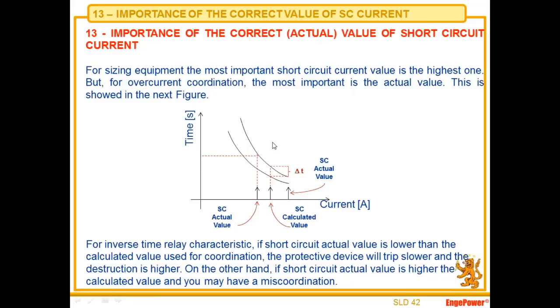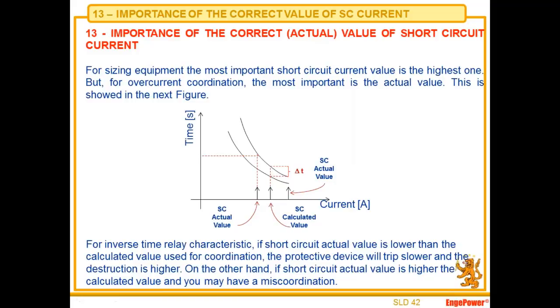Here, it's very important. Imagine you calculate a short circuit current here, in the middle. You provide the coordination time interval to guarantee the coordination between device 1 and the upstream. If the actual value is lower than the calculated value, you set your relay with this coordination time interval.